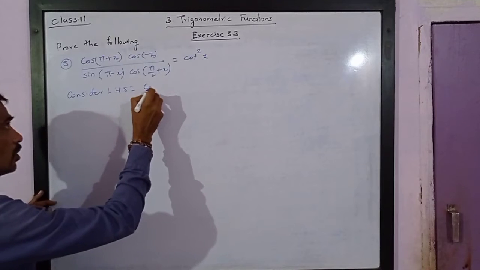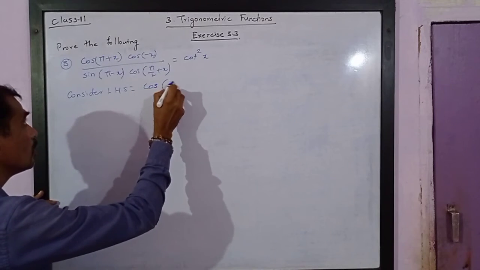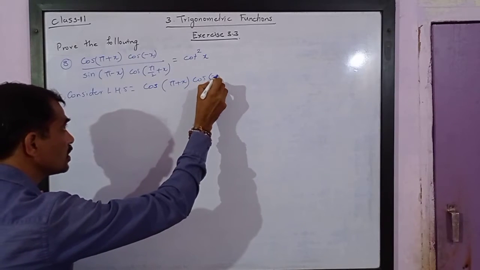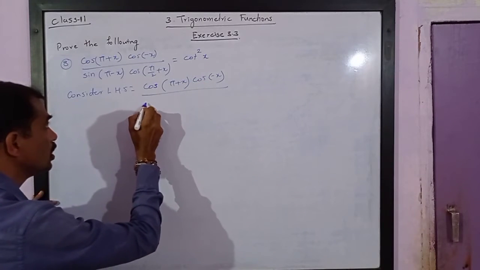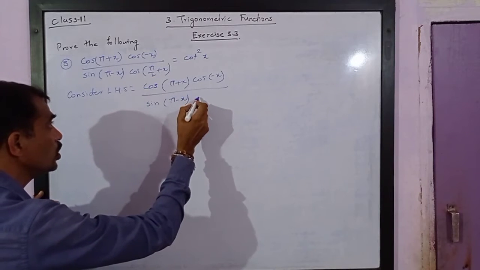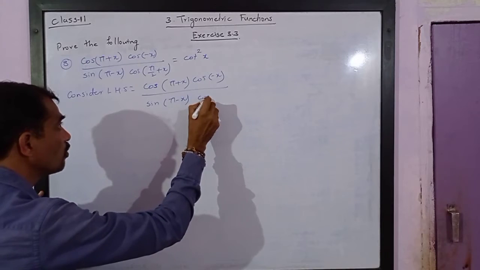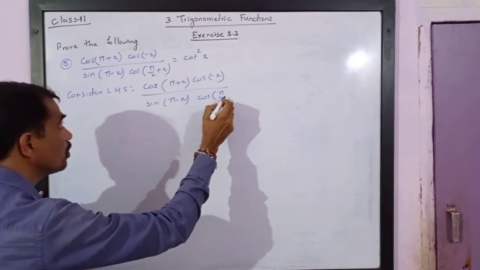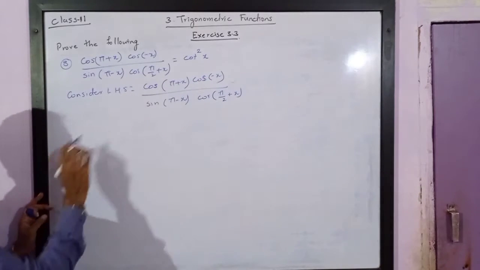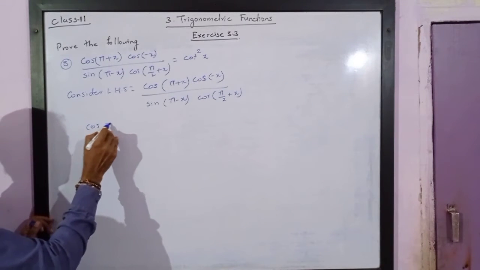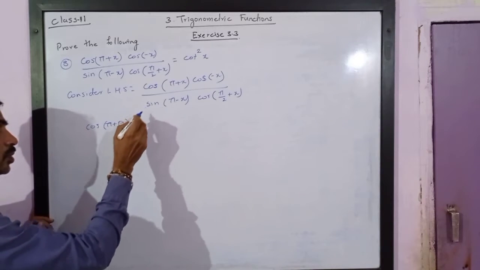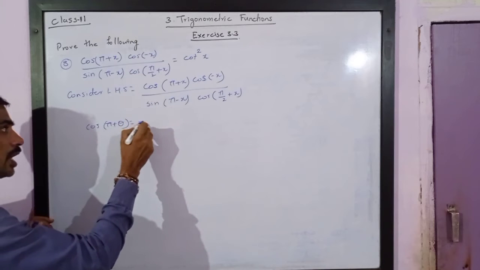LHS is equal to cos of (pi plus x) into cos of (minus x) upon sin of (pi minus x) into cos of (pi by 2 plus x). So for this we have the identities. Cos of pi plus theta is equal to minus cos of theta.